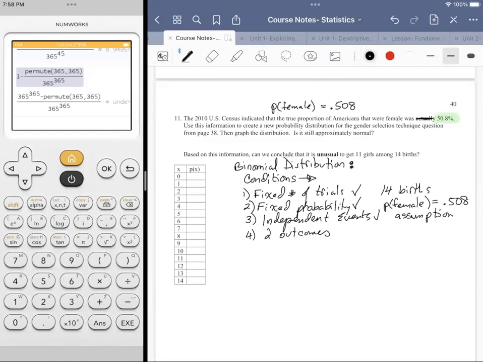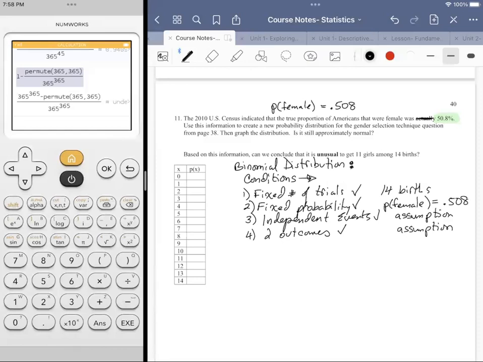And then the 2 outcomes, that's more academic. So it's also an assumption. And since this is related to the 2010 census, it only had the two genders, so we're just going with that information.